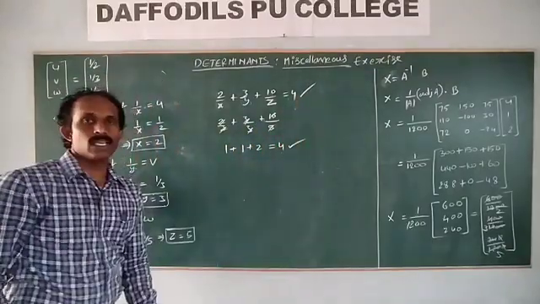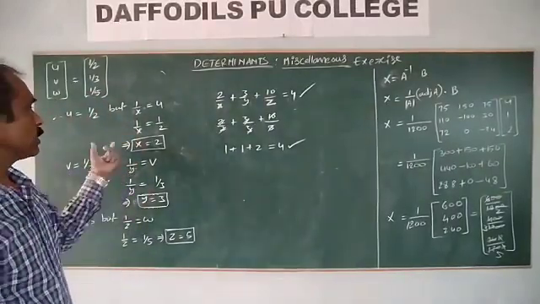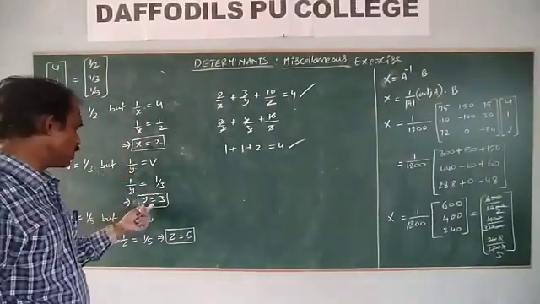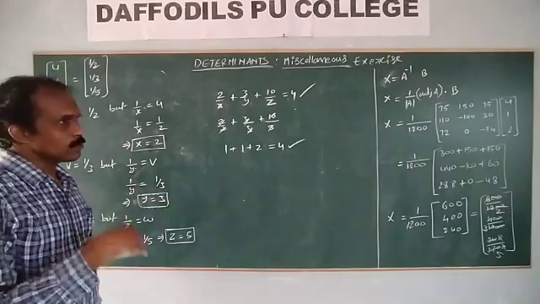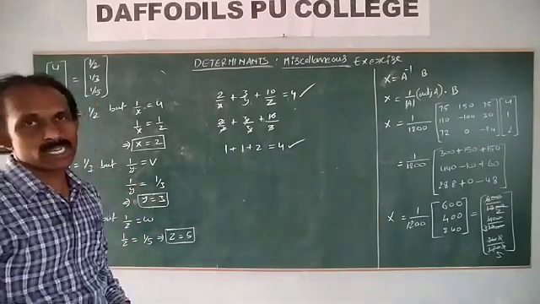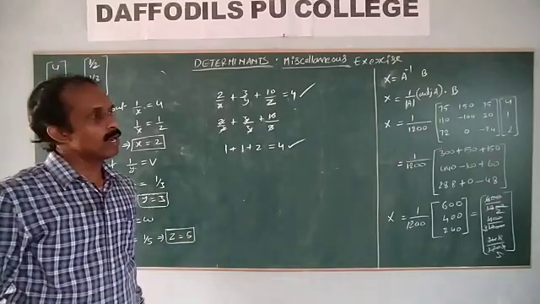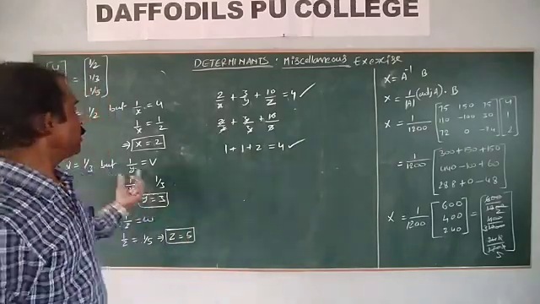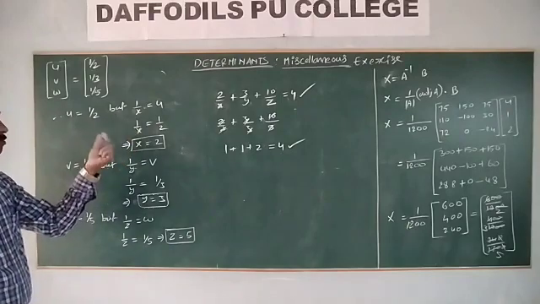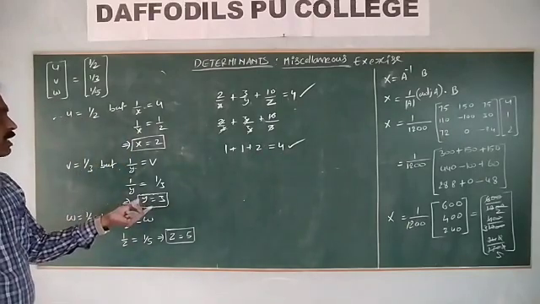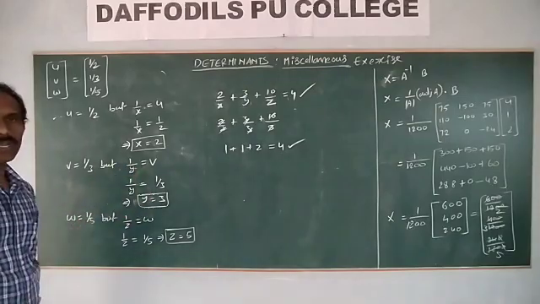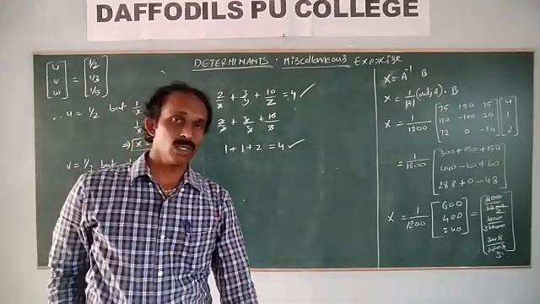RHS verified. So for this type of problem given with reciprocals 1 by x, 1 by y, 1 by z, take them as other variables and solve by the same process. Finally, substitute 1 by x is equal to u, v, w, and we will get the x, y, z values.